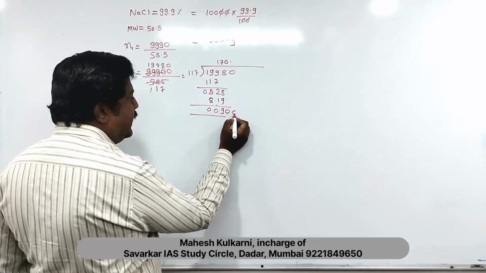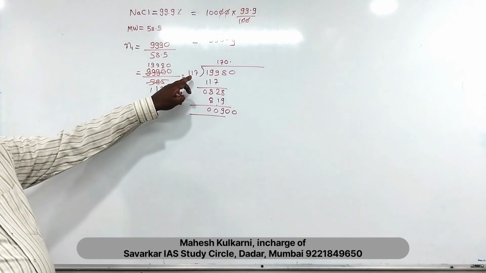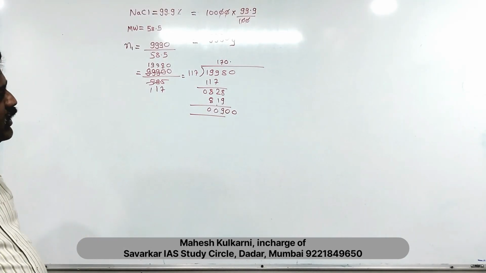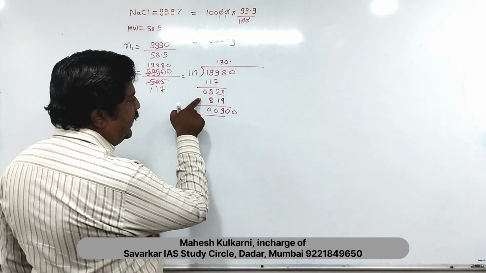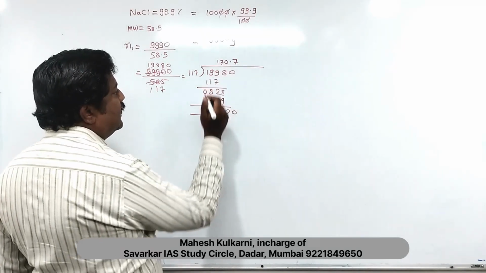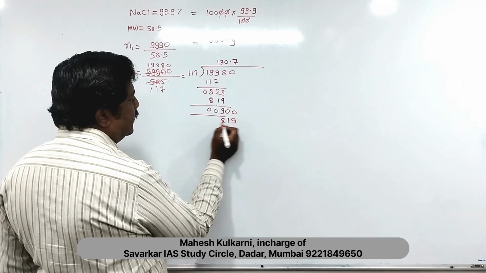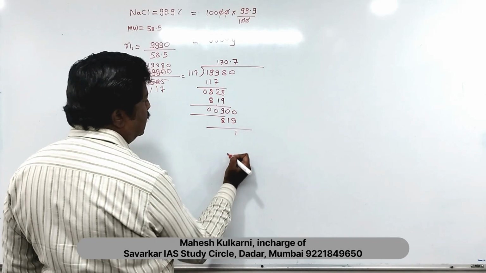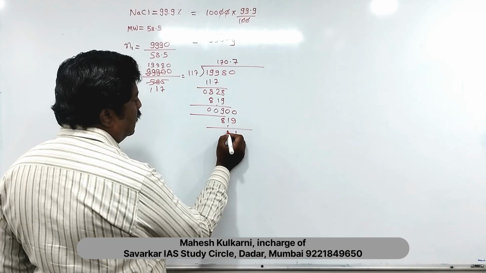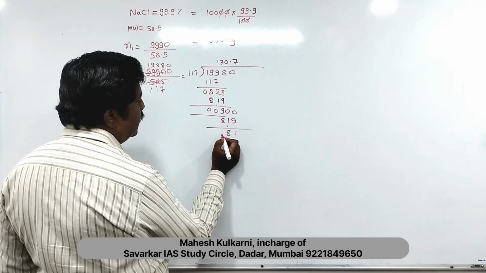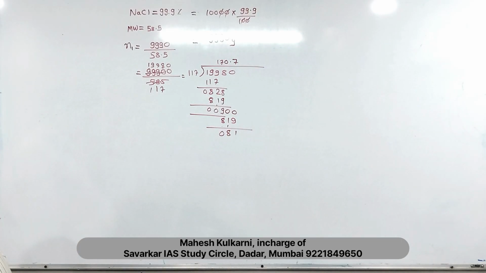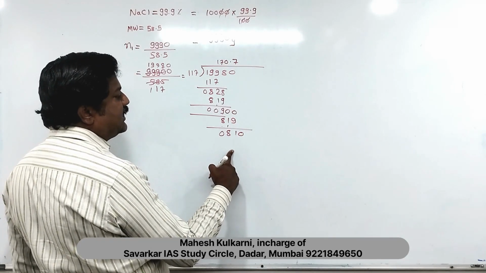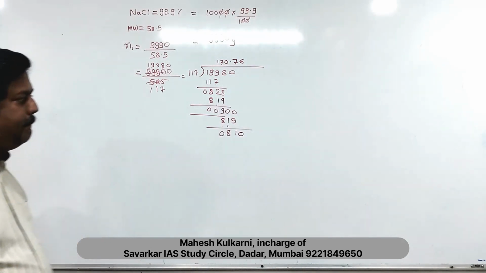Then put a decimal and take one more 0. Now we can go here again 7, because you are aware that 7s are, we are getting 819. So directly I will go here 180. Again I will take 0, but now it is not 7, it is 6.